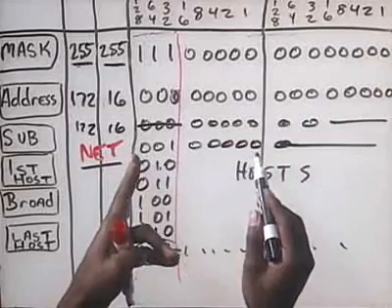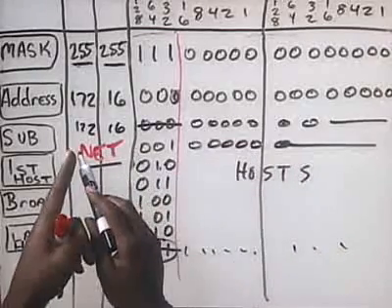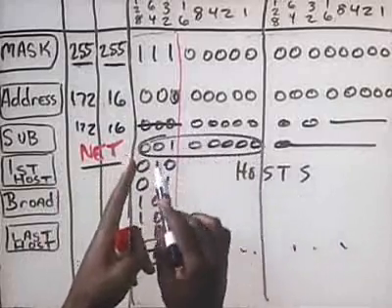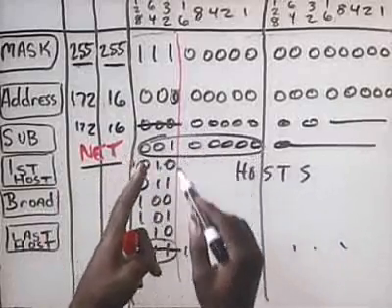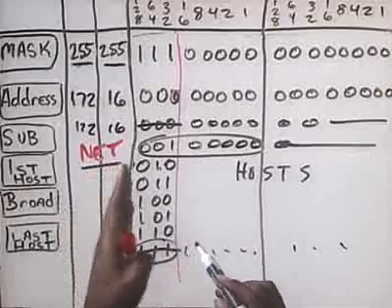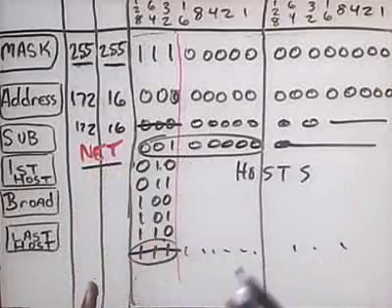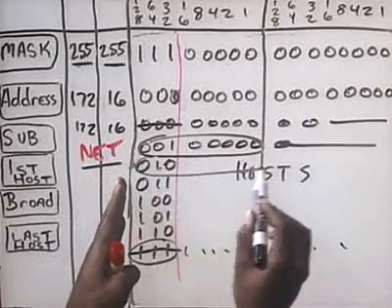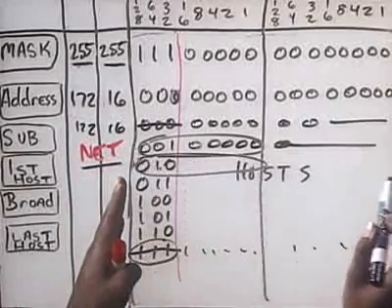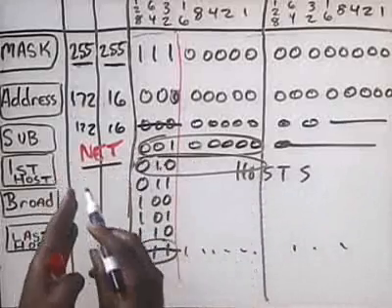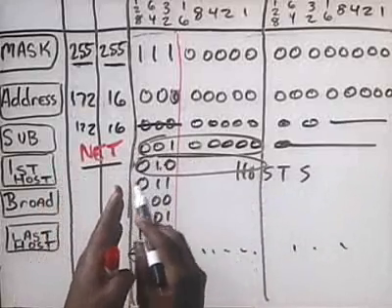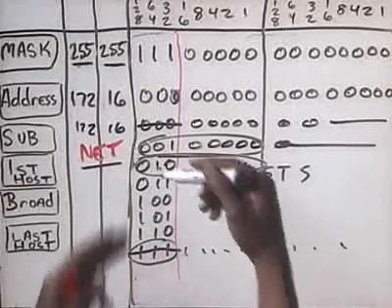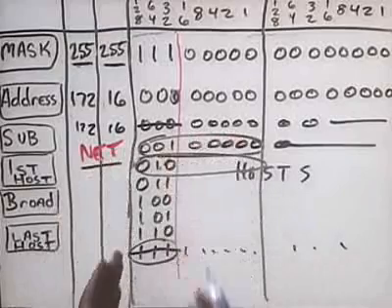And this first subnet is 172.16.32.0. The next subnet is 172.16.64.0. Set all the host bits to 0 there, and you get 64. And then you've got 172.16 and then 96.0. And this would continue to increment until you got all those different subnets.